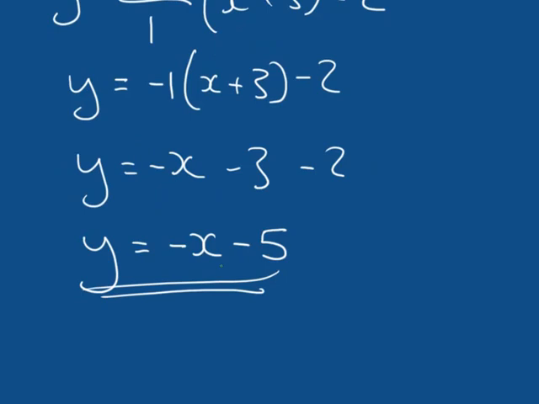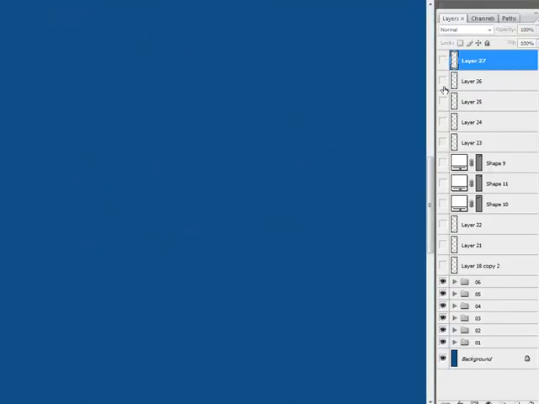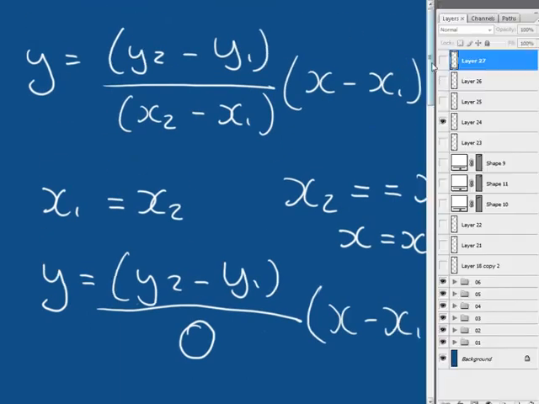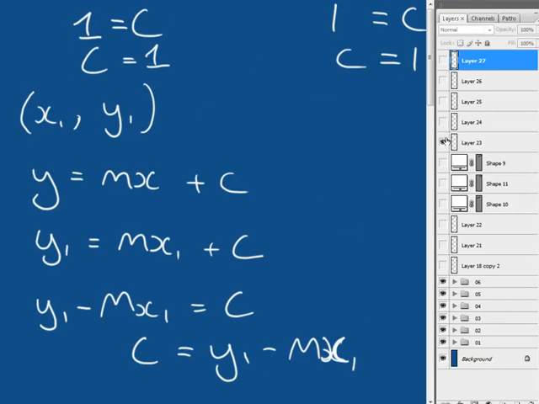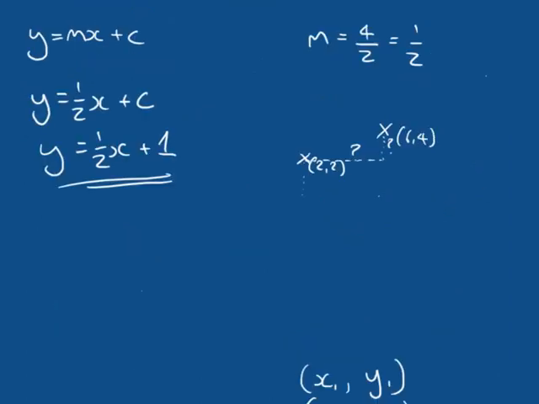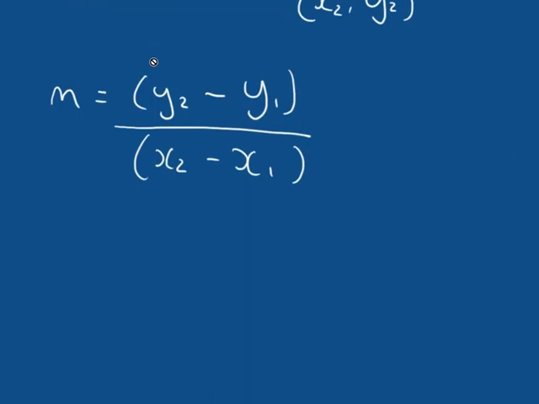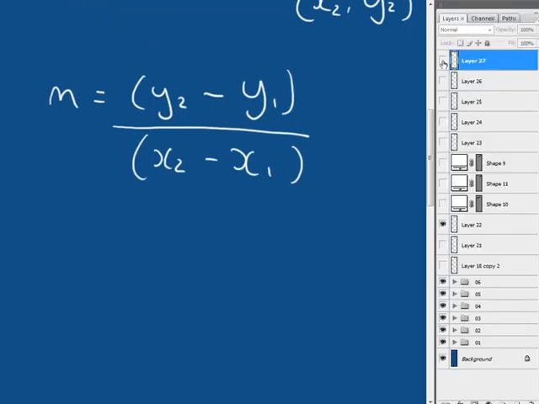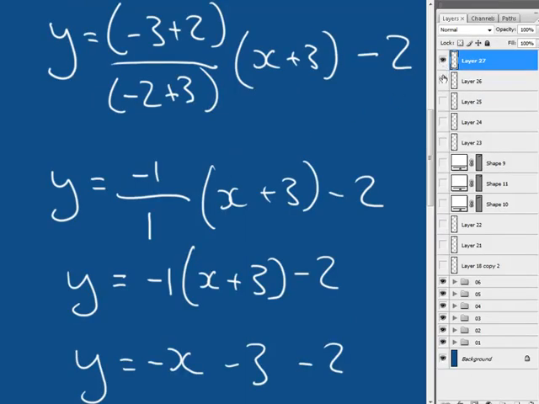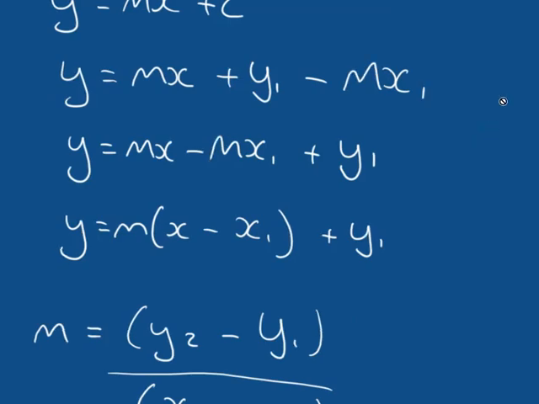Okay, so to recap, we saw that any 2 points will define a straight line, and we saw that using the coordinates of those 2 points, we can calculate the gradient of the line m and the intercept c. And we saw, as I hunt down somewhere in here, here is how we calculate m using those points.